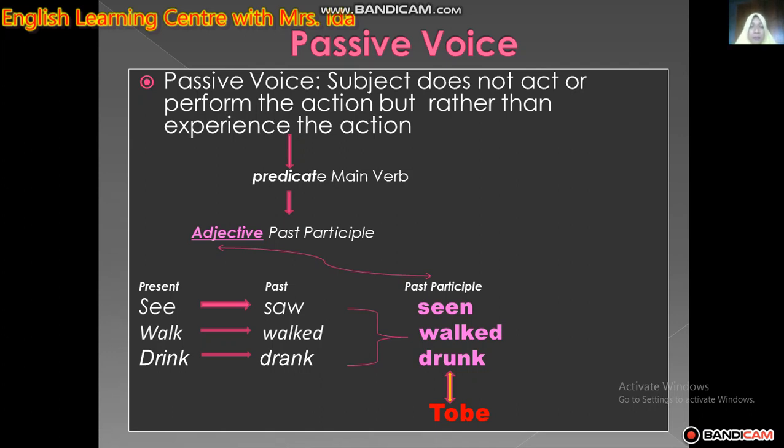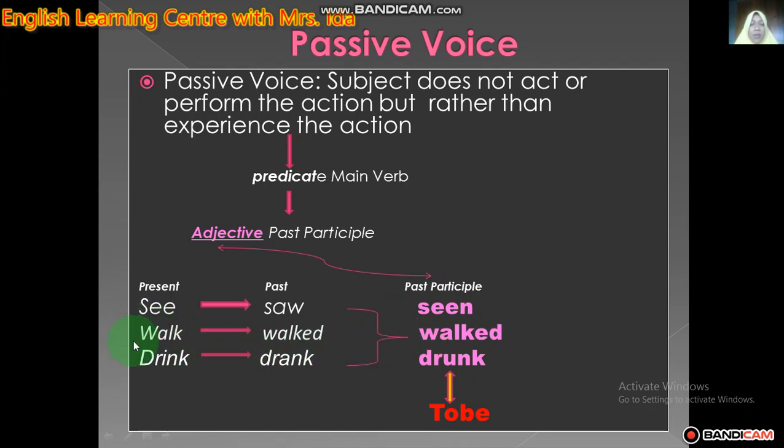For example, in these three main verbs, see in present form, when we use it in the passive voice to explain the action, we have to change into past participle form. From see, we change to seen.